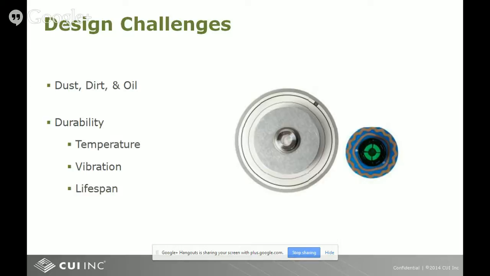And so with that, obviously you get a lot of contaminants in the area, and that can affect encoder performance, and it definitely is a challenge for encoders. It certainly becomes a challenge for an optical encoder, where some of the other encoders work well in that environment.